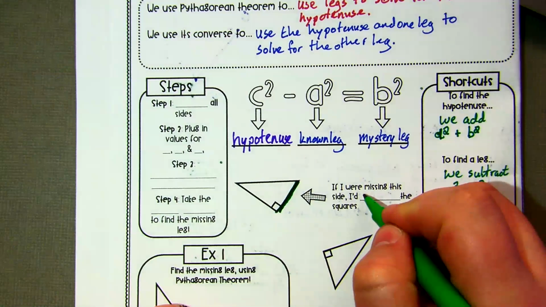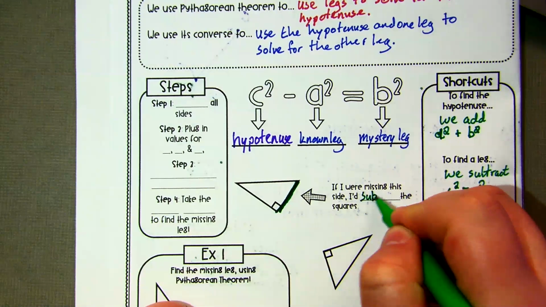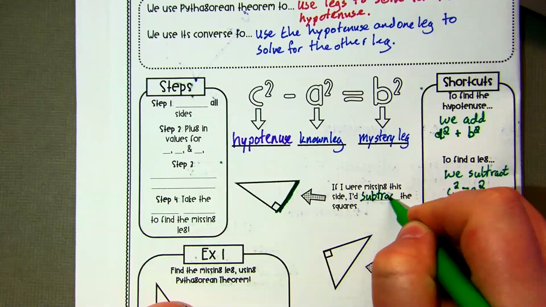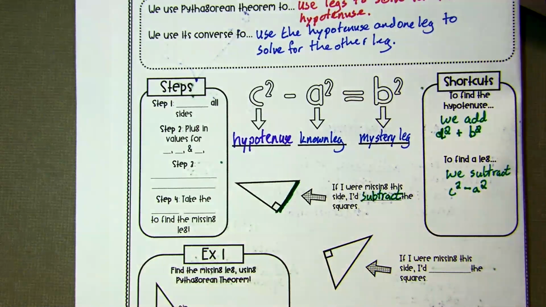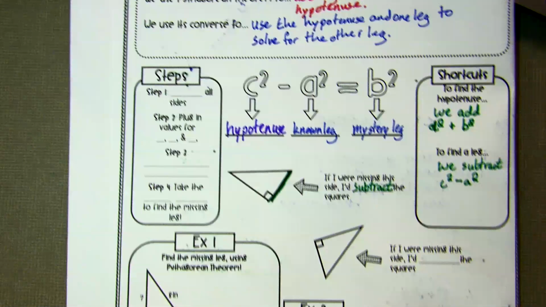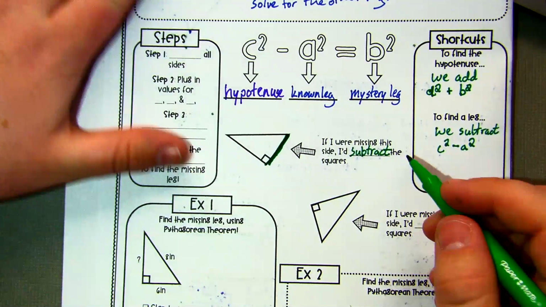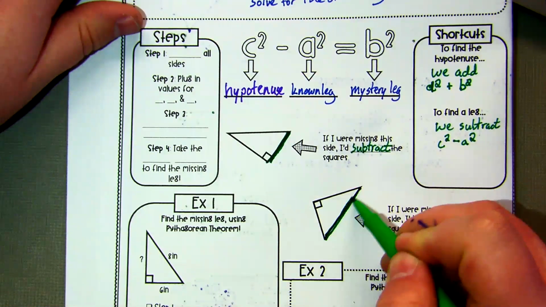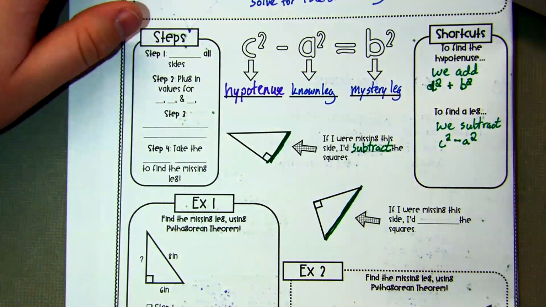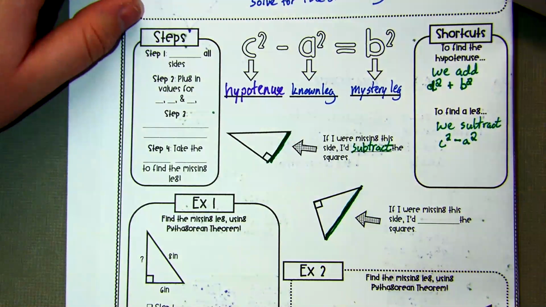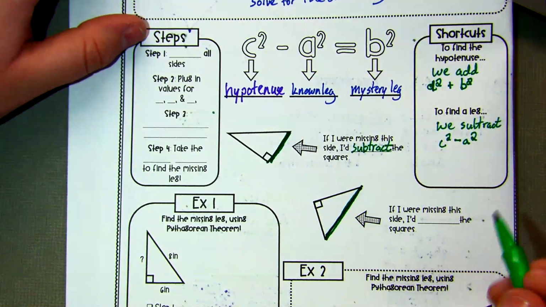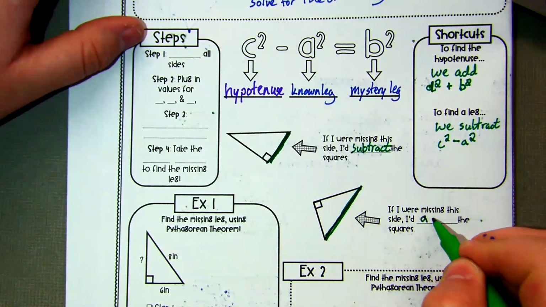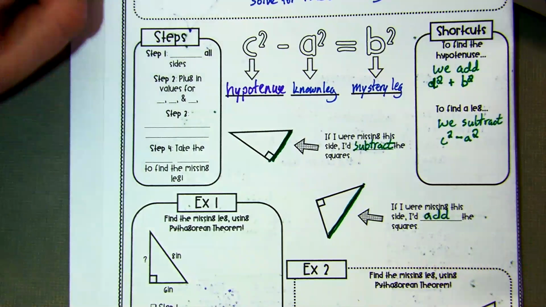We are going to subtract the squares. And then looking at my bottom triangle here, if we're missing this side, are we going to add or subtract the squares? Awesome. Very nice. We are going to add the squares.